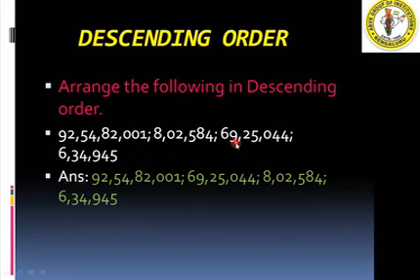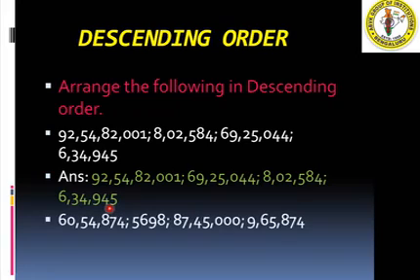So in this the big number is this number only. So now next you can write 69 lakh 25,044. Next you have 8 lakh and 6 lakh. So 8 is big. So we write 8 lakh 2,584. Next the last number we write as it is, 6 lakh 34,945.